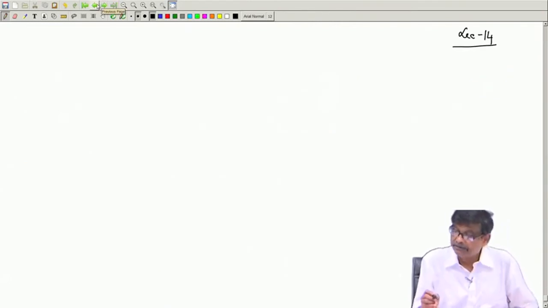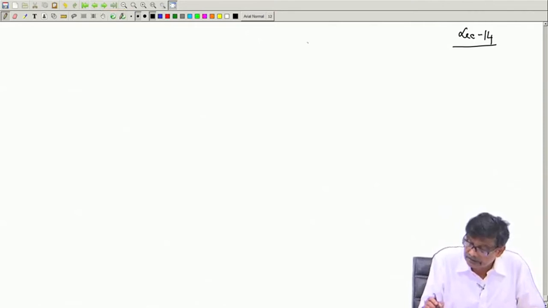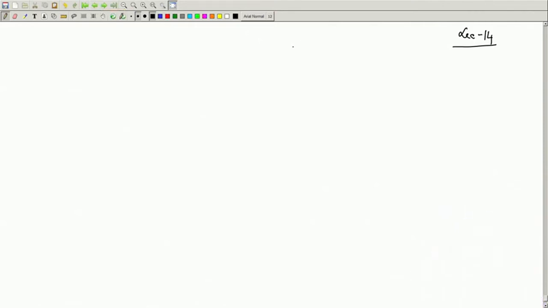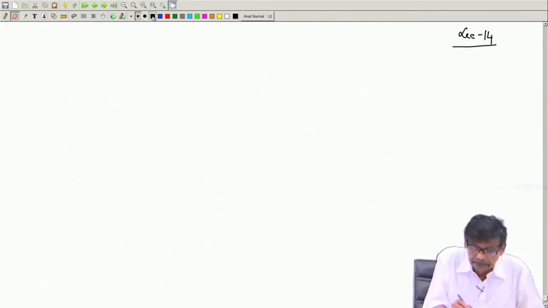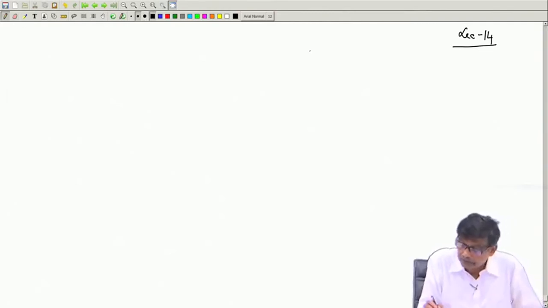So, let me draw this curve once again, so that we understand what is going on. Let me start with this BH curve as usual. It will be like this.